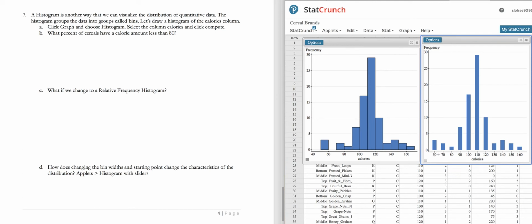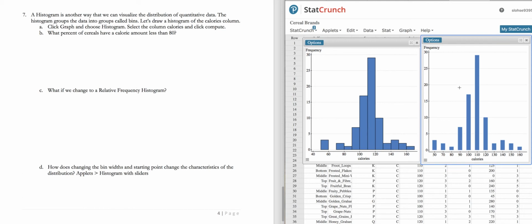The same amount of space from 50 to 70 as we see from 70 to 80 and 80 to 90. Because in a bar plot, StatCrunch is assuming that each one of these numbers is actually just a label. And when they're labels, there's no reason not to put 50 and 70 right next to each other. It's only if they're numbers that we need to leave this open space for the missing numbers that we have.